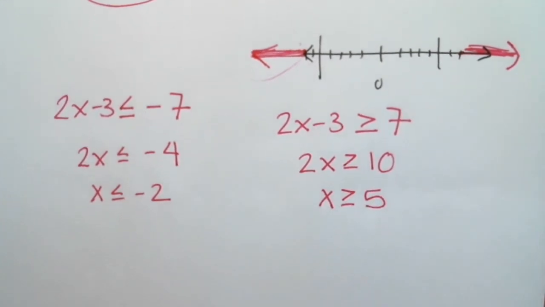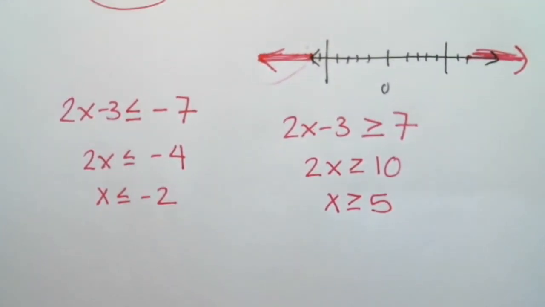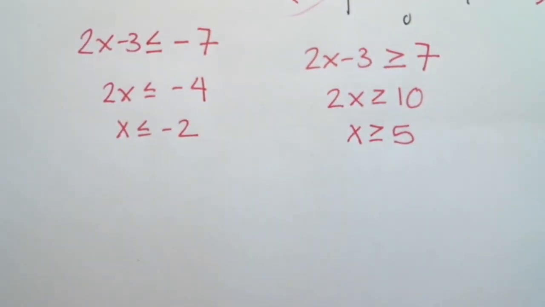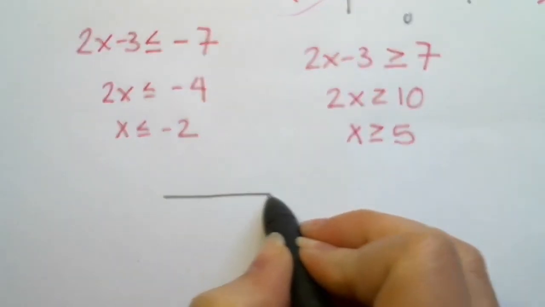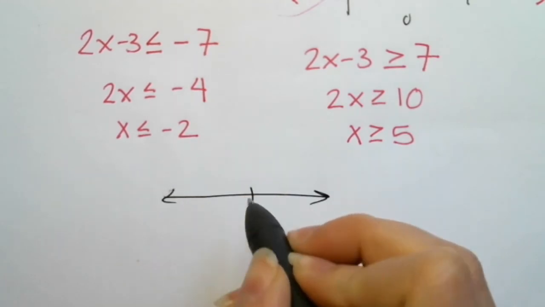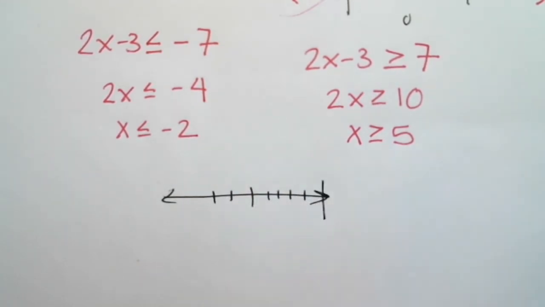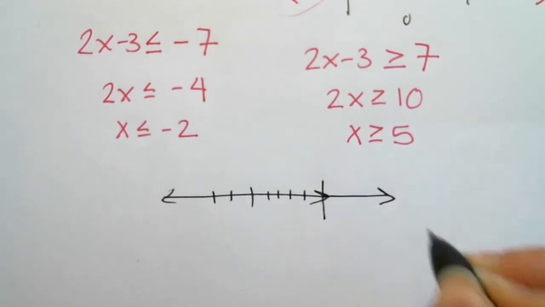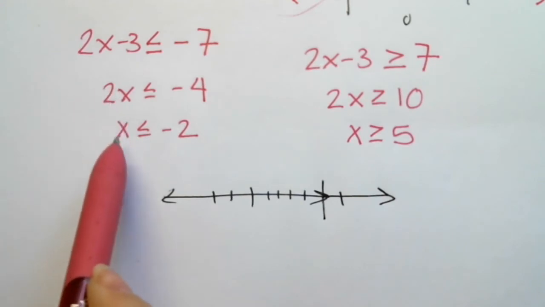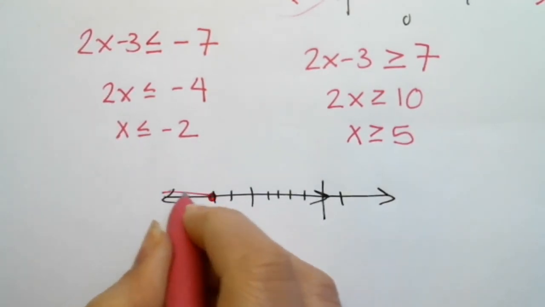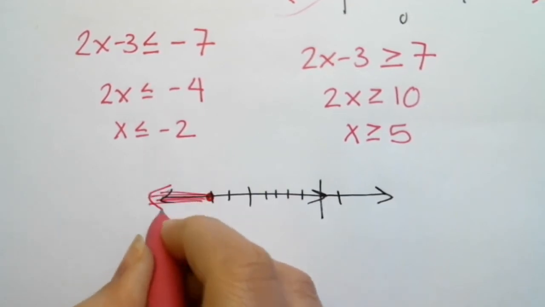So again, don't be afraid to look at the number line if you need to write the interval here. So if we're looking at x is less than or equal to -2, we're going to start at -2 and go less than or equal to.